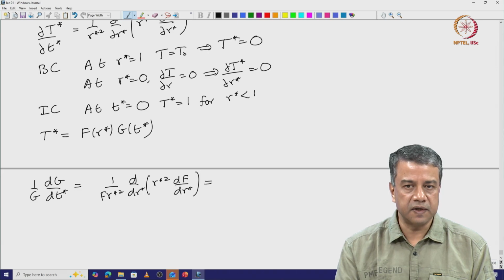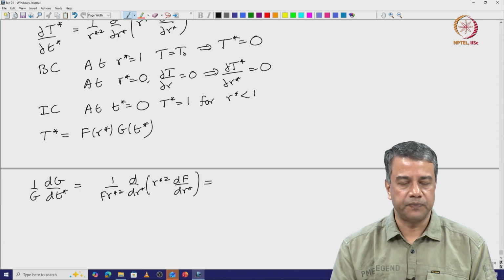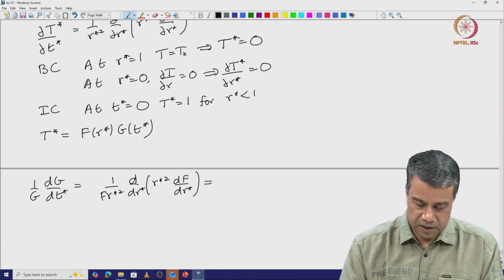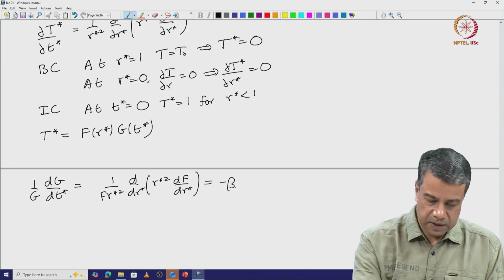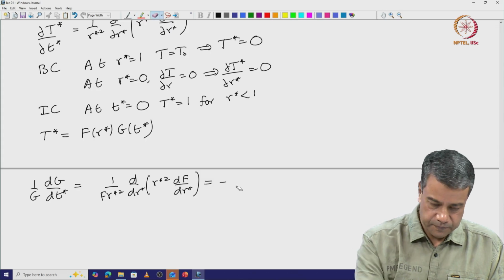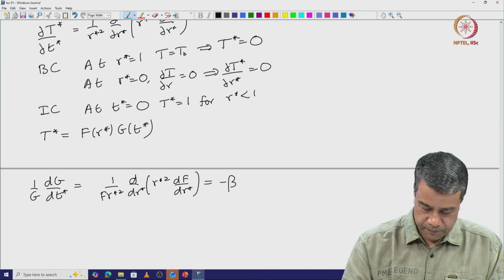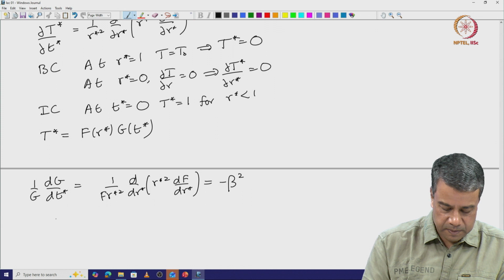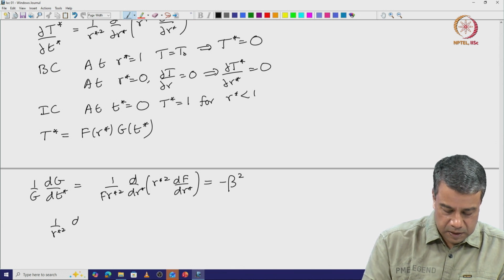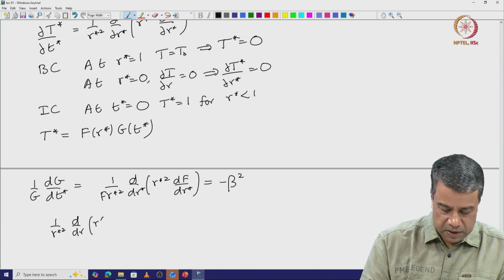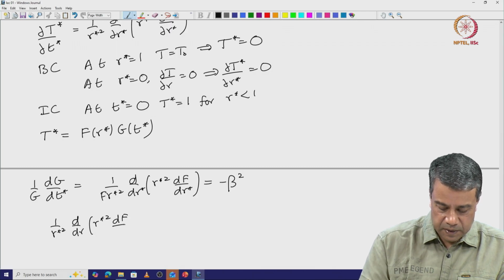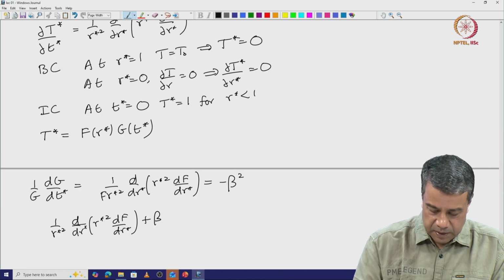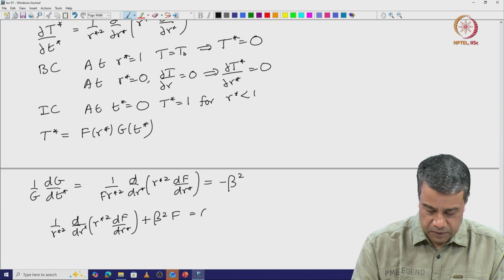These constants can be either positive or negative. If it is positive, then g increases exponentially in time, so the transient part does not decrease to 0 as it should. Therefore, this has to be minus beta square. Therefore, the spatial part of the equation becomes 1 by r square d by dr of r square df by dr plus beta square f is equal to 0.